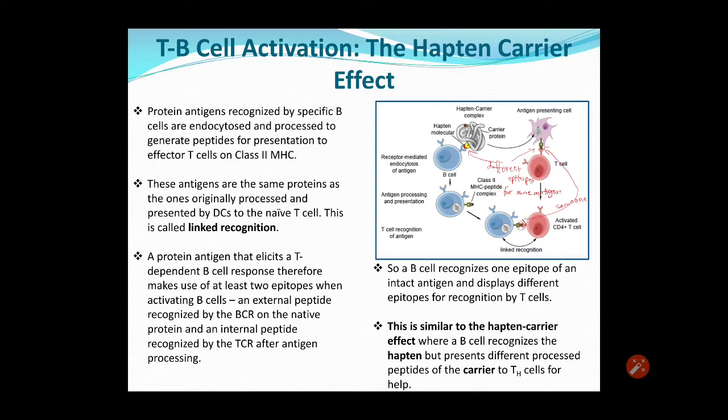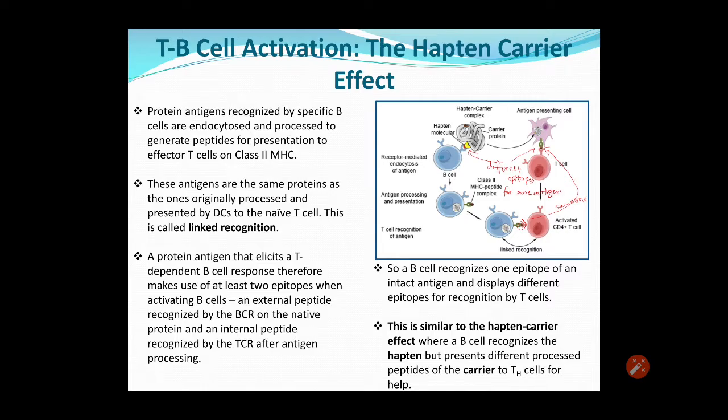So to get a good vaccine, what they do is link the carbohydrate to a protein. And so when they inject it in the body, the protein epitopes, which is the carrier, get presented to the T helper cell. And that same protein-carbohydrate complex gets taken up by the B cell.